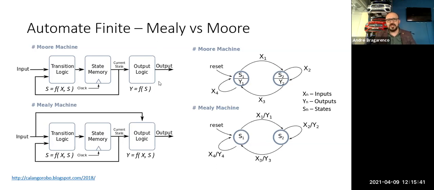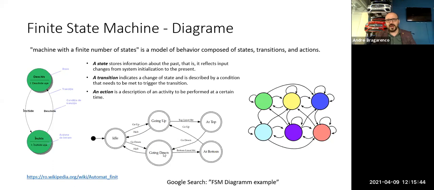So the general idea is that we provide some behavior by changing from one state to another. This is the main principle. On every state, the system behaves or provides a specific output.